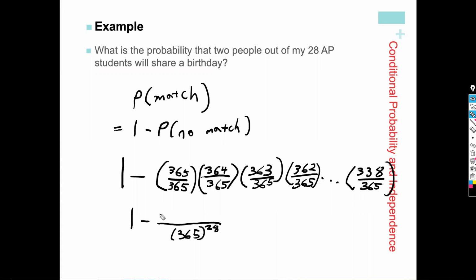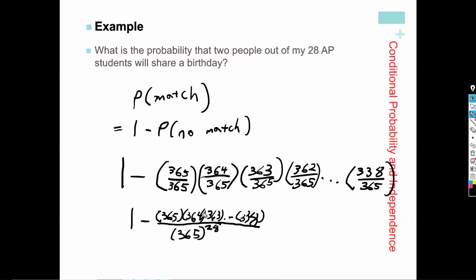And we then can do on the top 365 times 364 times 363, all the way down to 338. So you will have to do a little bit of typing out in the calculator here.